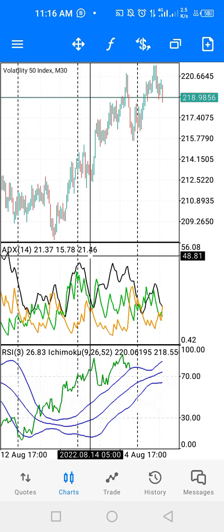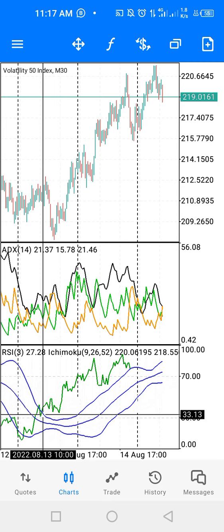So now, since I said don't trade with Ichimoku alone, and we know don't trade with one confirmation. Mind you, I was told to make the video on ADX, but I'm referring you to our Ichimoku, which will serve as our second confirmation.